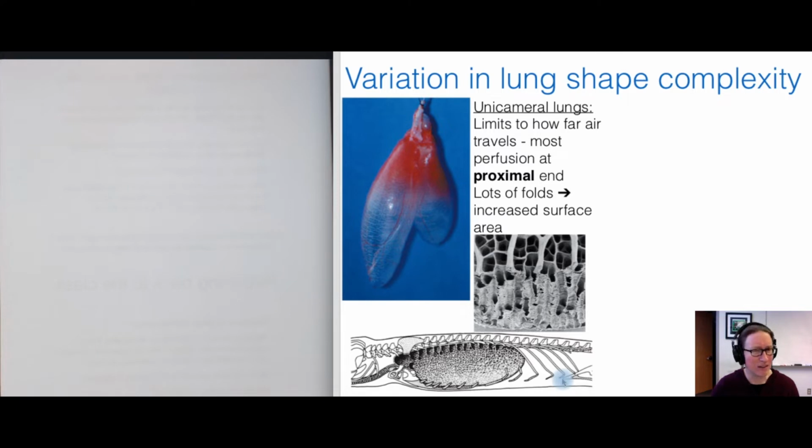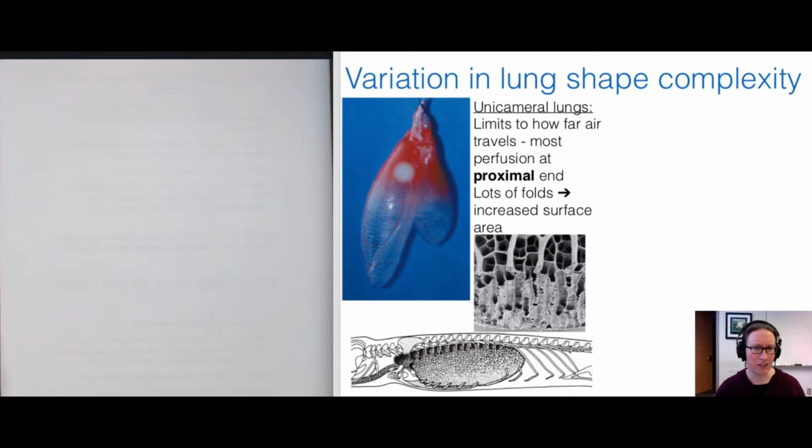A downside to unicameral lungs is that the shape of the lung limits how far air can travel, right? If we imagine these unicameral lungs, here's an example, as being like a balloon type sac, as a reptile inhales, air is going to come into the top portion of this lung, but it's going to be very difficult for air to reach the more distal portions of the lung, further down inside of the lung.